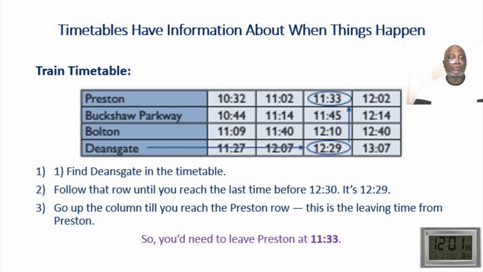If you look at the notes at the bottom, you need to find Deansgate on the timetable, which is at the bottom. You need to follow the row until you reach the last time before 12:30. It's 12:29, so that's when you should be there.